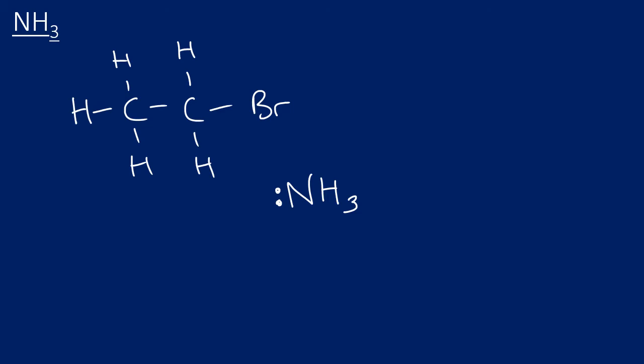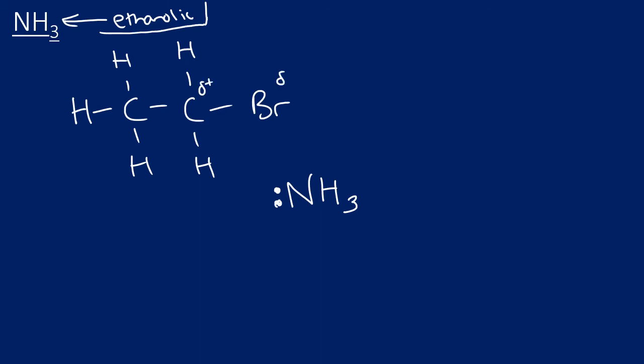And again, this would just be dissolved in ethanol, so it's ethanolic ammonia. Ammonia is actually a gas. You may recall from GCSE, it's produced in the Haber process. However, if we dissolve it in ethanol, we can have it in solution. And ammonia has a lone pair on the nitrogen.